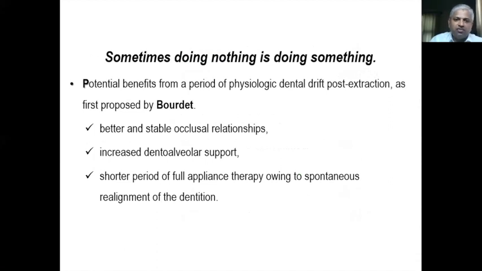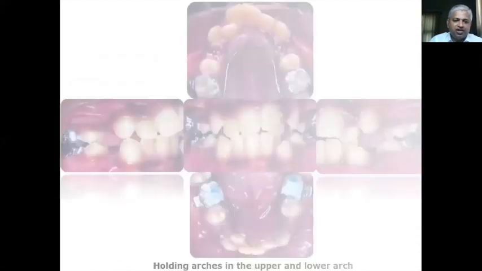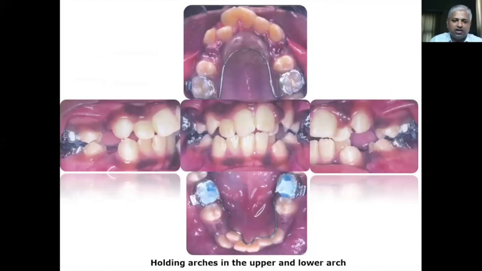Potential benefits from a period of physiological dental drift post-extraction were first proposed by Bordet. He spoke about better and stable occlusal relationships, increased dental support, and a shorter period of full appliance therapy owing to spontaneous realignment of the dentition. Hence, she was placed on holding arches in the upper and lower arch with extraction of first premolars.